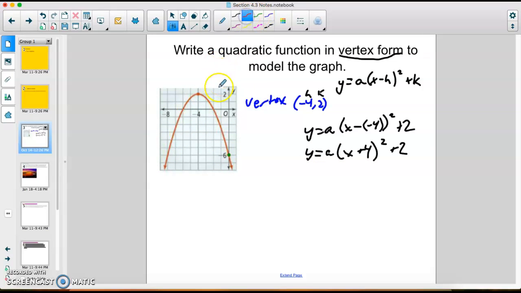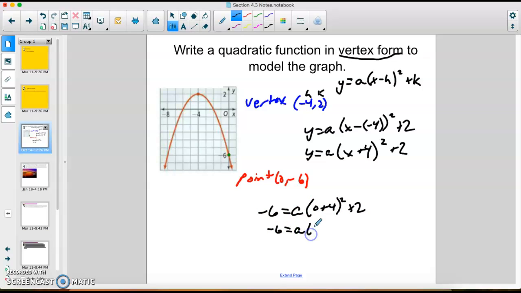And so we're just going to find a point on this line that's nice and easy. A nice easy point right here is (0, -6). And we're going to plug it in for x and for y, and we're going to solve for a. So we know that y is -6, and then we have a times (0 plus 4) squared plus 2. 0 plus 4 is 4, so we have a times 4 squared plus 2.